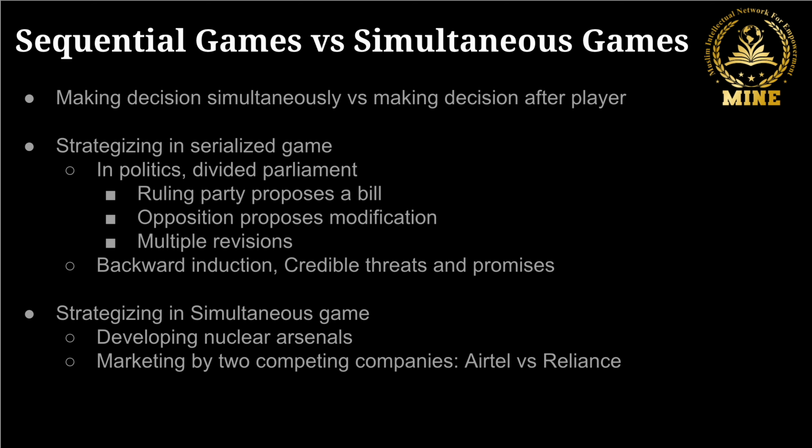Strategies in simultaneous games. You have to, for example, again in an arms race, you cannot wait. You have to develop your nuclear arsenals as your opponent is filling their arsenal, and you also apply it in, say, the consumer market when two companies do not know about each other's plans. A common example is the carriers in the United States, say Verizon and AT&T, and in India, let's say Airtel and Reliance.